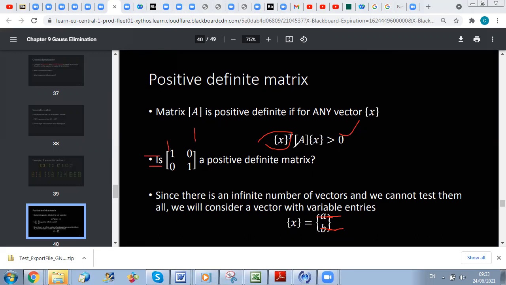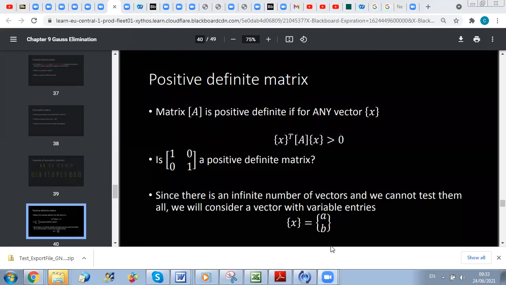When you do A times x, the number of columns of A should be equal to the number of rows of x. Since A has 2 columns, x should have 2 rows. So vector x is (a, b). Now we will demonstrate that whatever a and b are, if we compute the transpose of x times A times x, we will get a positive result.